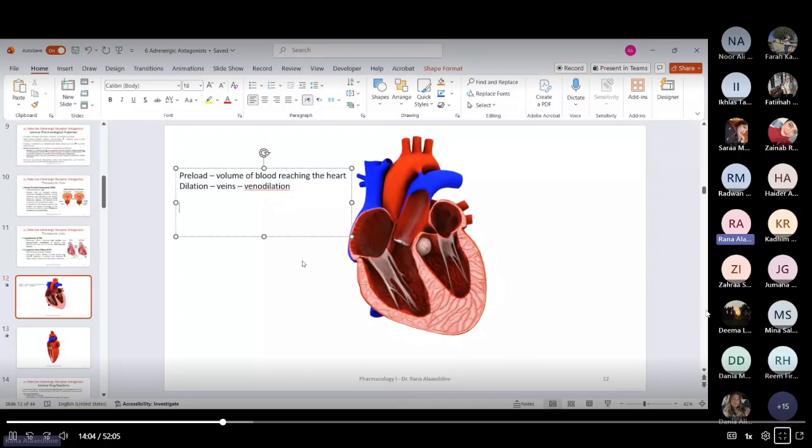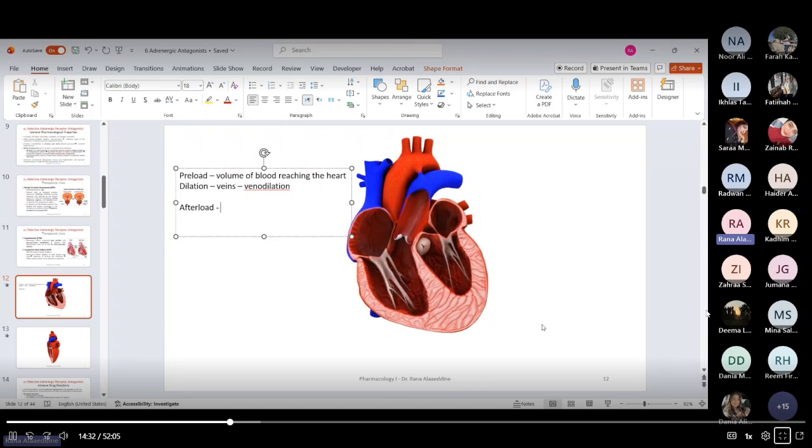And what about the afterload? Listen, this is something else. We said the first factor that determines how the heart would contract is how much blood is inside of it or reaching it, and we agreed on the first part. Now, what about the second part, related to the arteries? The arteries all over the system are constricted.